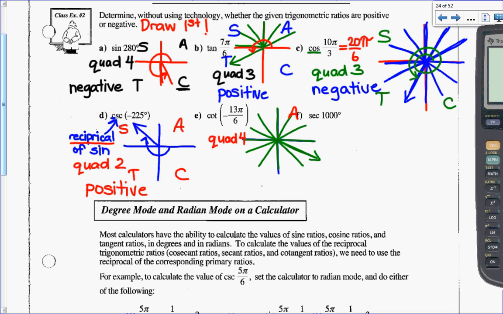And I know that all suckers take chemistry. So cosine is positive in quadrant 4. But this is the reciprocal of, reciprocal of what? Well, there's only one. Oh, cotangent, so it's the reciprocal of tangent. Tangent is negative in quadrant 4. So cotangent would also be.